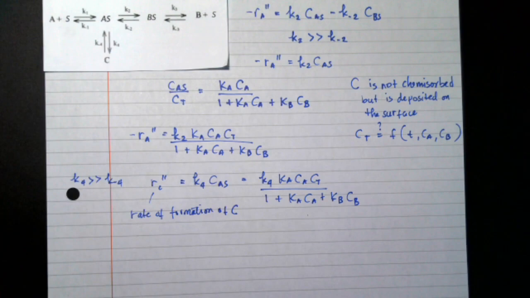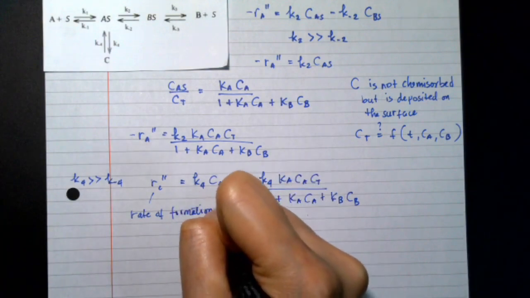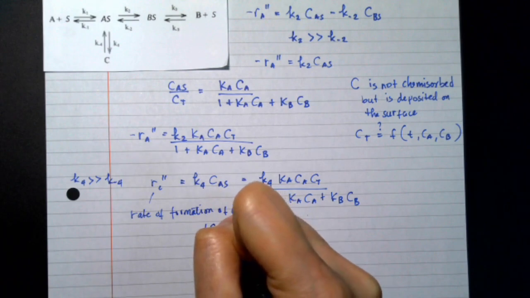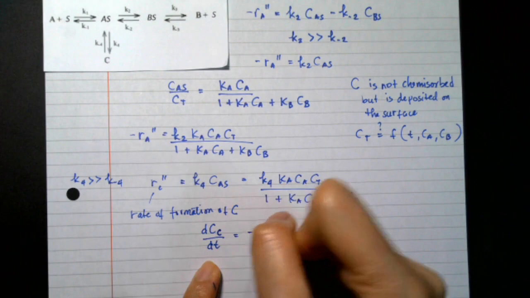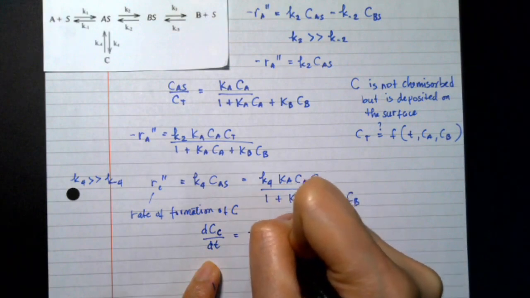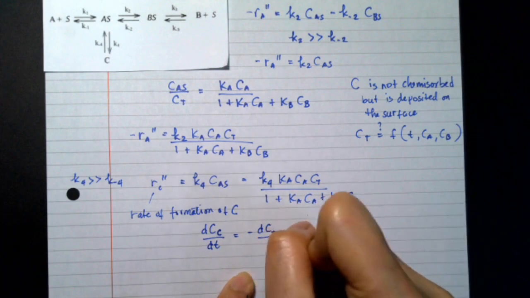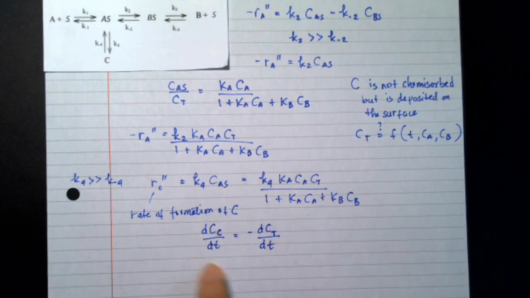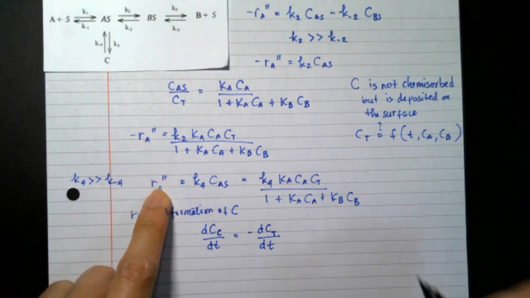We can write that mathematically. The rate of change in the concentration of coke is equal to the negative of the rate of change in the concentration of the total number of sites. We have this relationship.